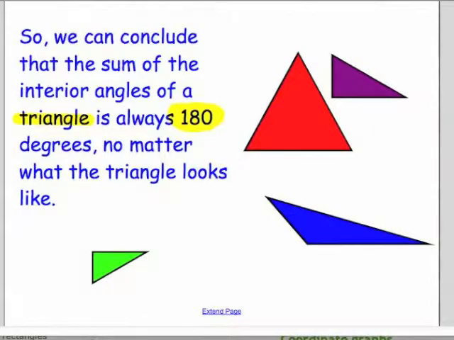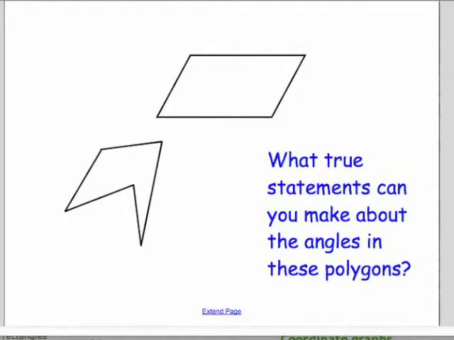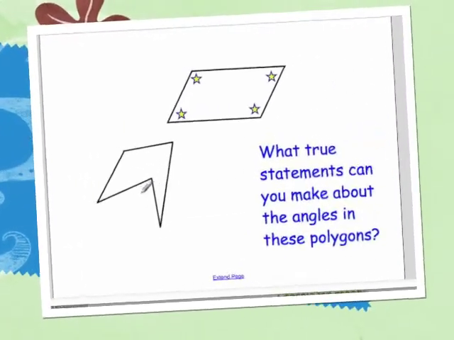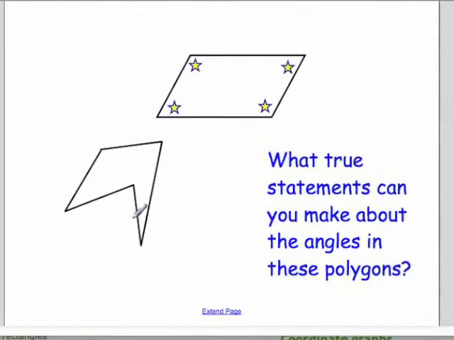You might want to take a screenshot of this. Okay, now we're going to move on to some different shaped polygons. Look at these polygons. What statements can you make about these polygons? Look at the angles. What do you notice about them? Hopefully you're going to notice a few things. Notice this angle though, it's not the normal pentagon we normally see. Instead it has this kind of special angle right here where it goes in, kind of like a cave.